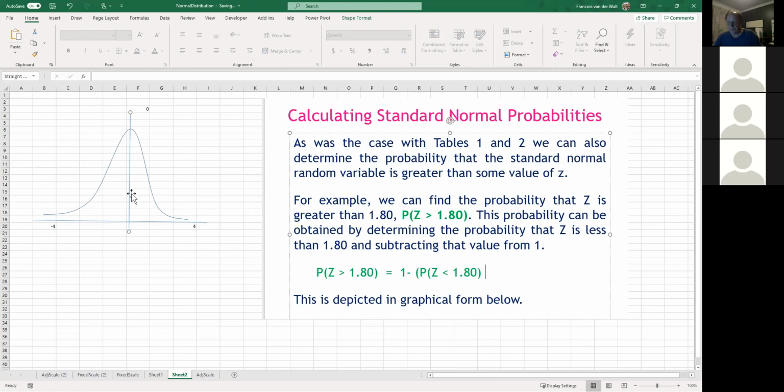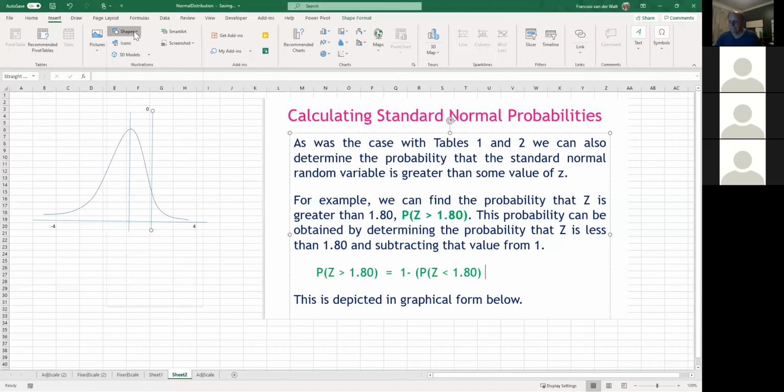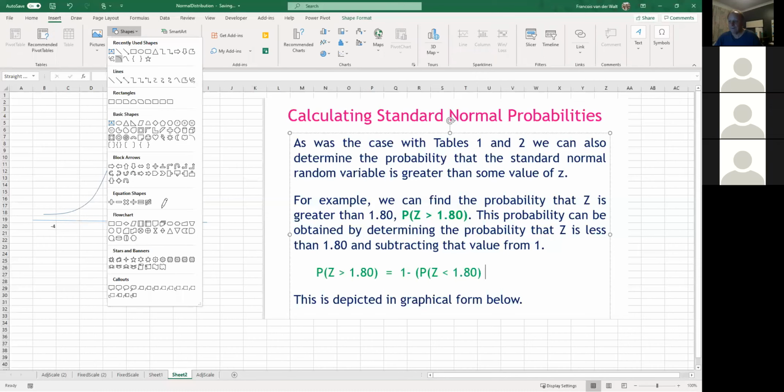Do you agree that 1.8 is about there? So we're looking for the area that sits here. Let me insert my squiggle, freehand.